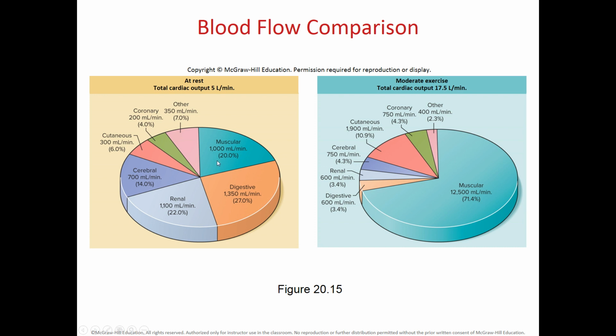So 20% goes into the muscles, 27% into the digestive system, 22 or 25% into the kidneys, 14% into the brain, etc. Now, when you have moderate exercise, you can increase your cardiac output up to 17.5 liters per minute, and 71.4%, or 12.5 liters per minute, can go into your muscles. And then you reduce your digestive system perfusion from 27% to 3.4%, etc.